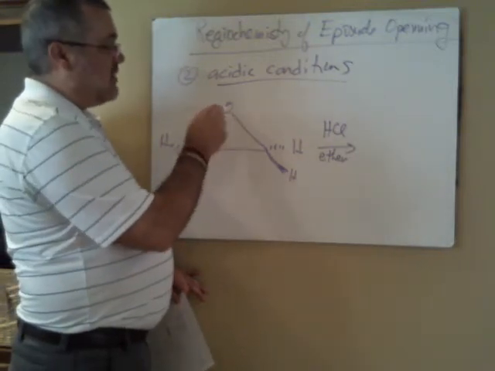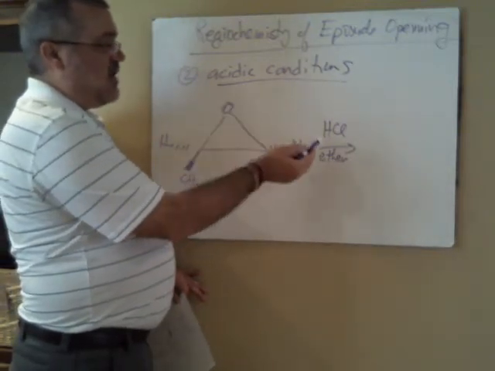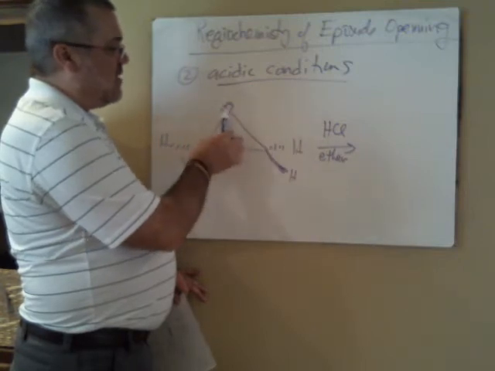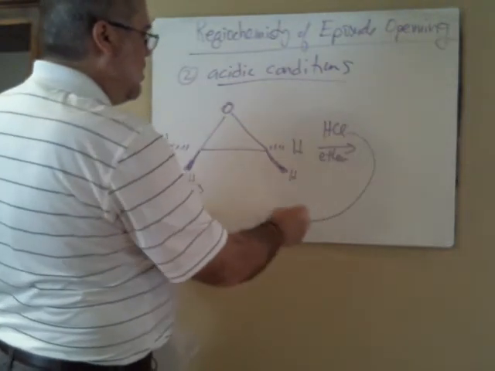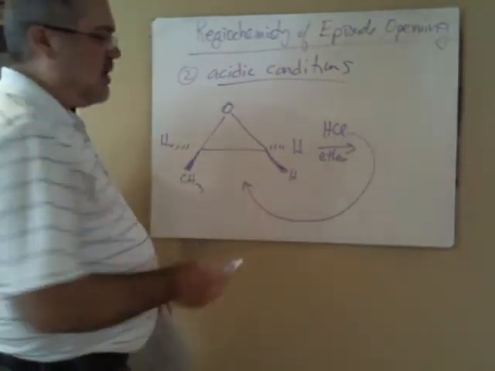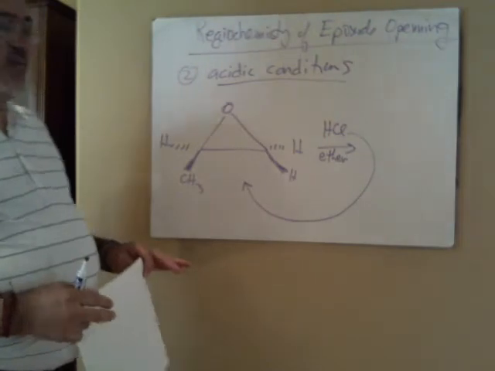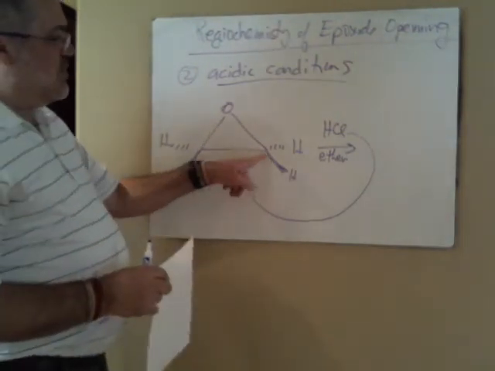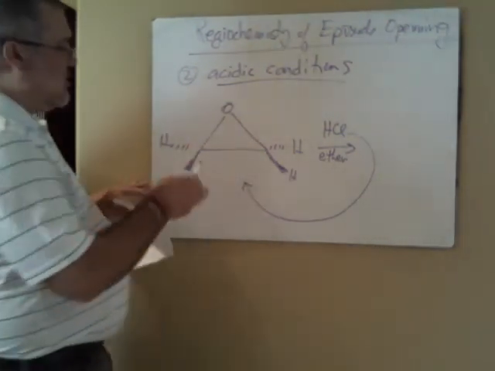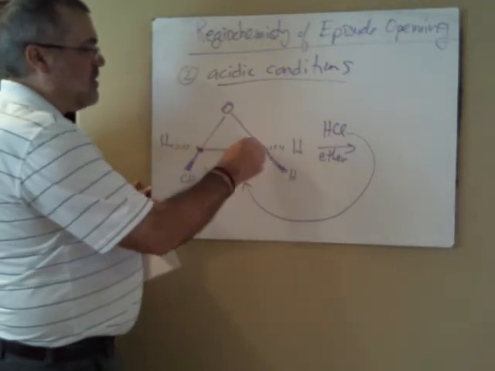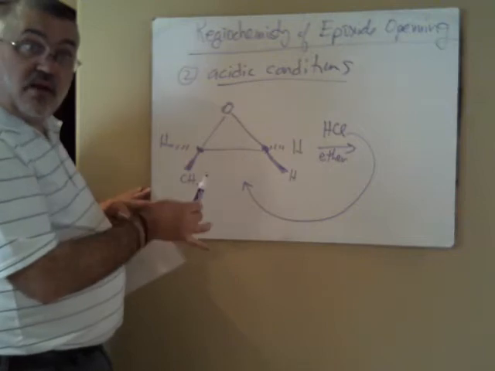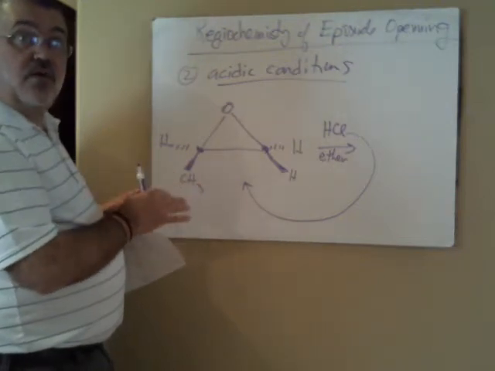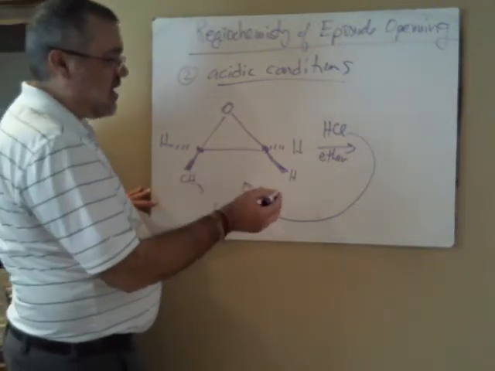Initially, mechanistically, this oxygen is going to take the proton and form that intermediate where this oxygen is protonated. So the question we're asking here is the chlorine then, when the chlorine comes in to react, is it going to react with this center or this center? These are the two electrophilic carbons, okay? But if the regiochemistry is SN1-like, it is going to go to the more substituted side, okay?